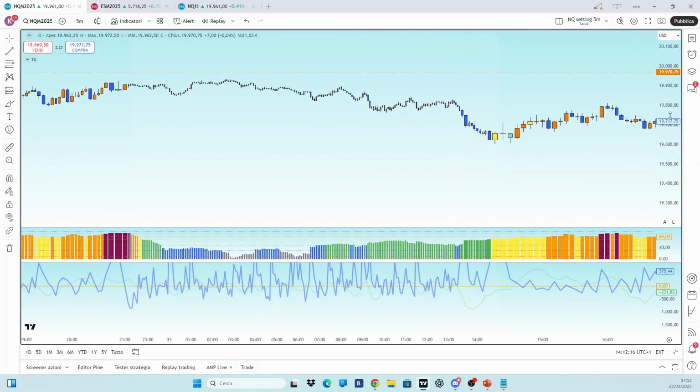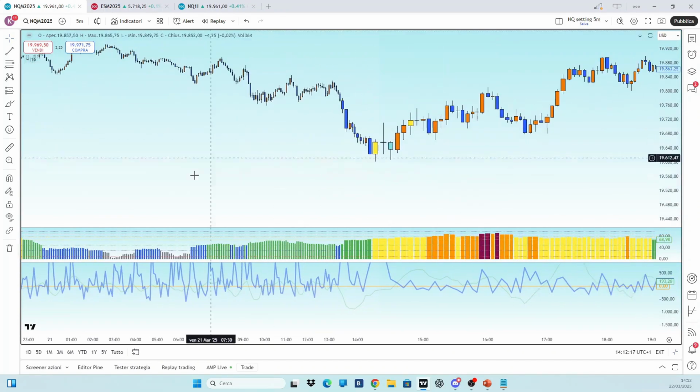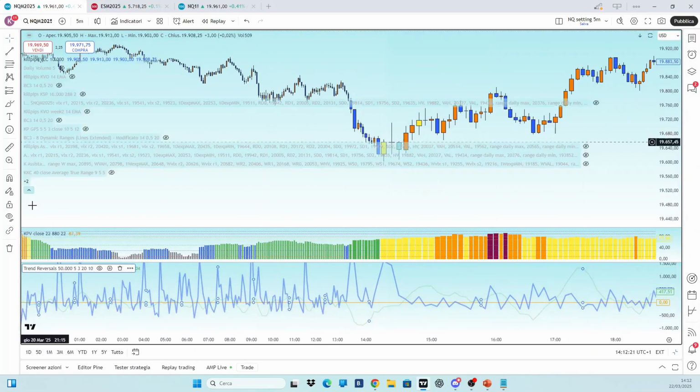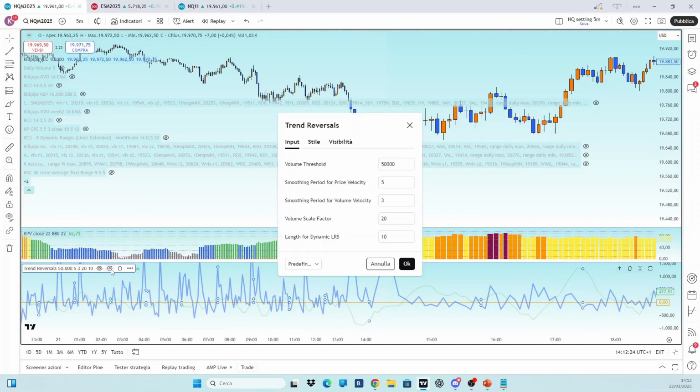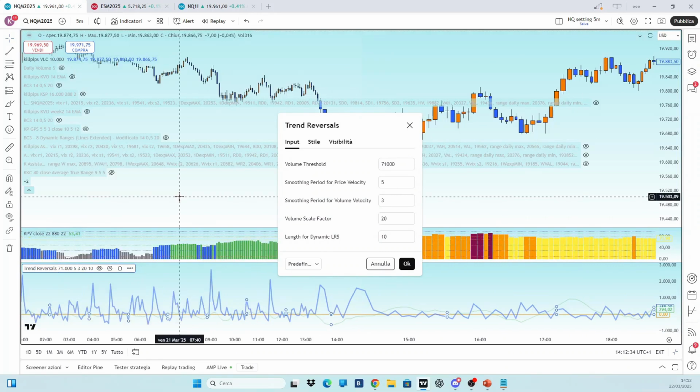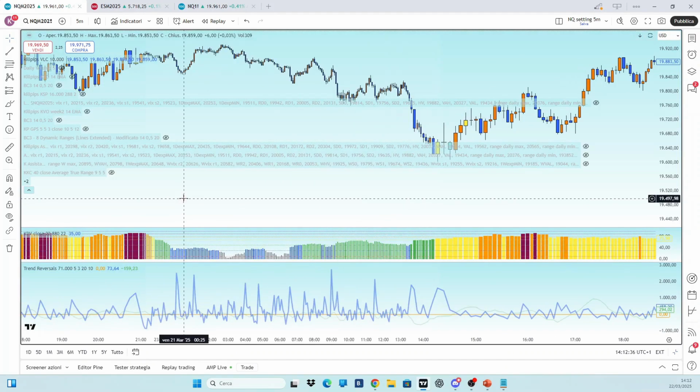So it's definitely an additional resource that you can take into consideration. This also needs to be set with the level. Here, 71,000. Okay. And then there's a file with the settings that vary from instrument to instrument, which you can always find on my channel.